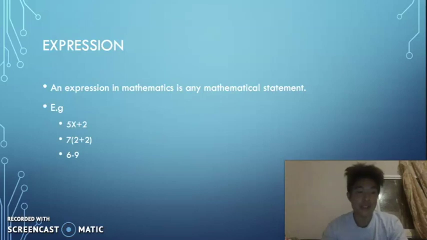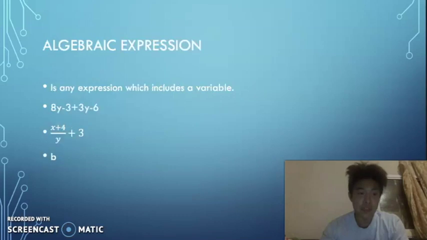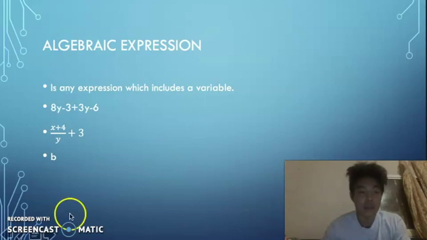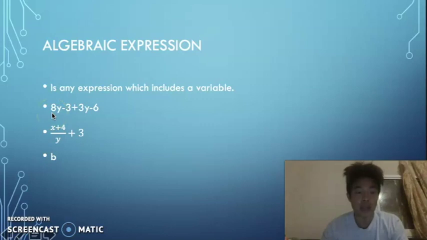So, for example, we have 5x plus 2, 7 parentheses 2 plus 2, or 6 minus 9. These are all examples of expressions, okay? Now, an algebraic expression is any expression which includes a variable. As we see here, we have 8y minus 3 plus 3y minus 6. Here, the y is a variable.